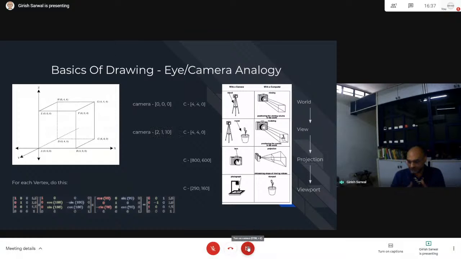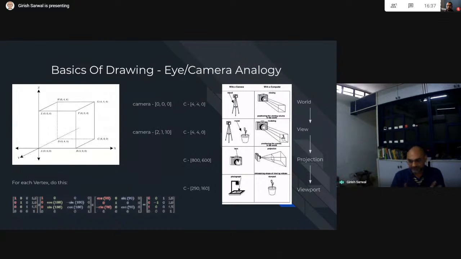Now, what you see on the screen right now is likely the most complicated slide that I have, so complicated that at times I cannot figure out what I wrote. But this is the crux of how 3D gets converted into 2D.